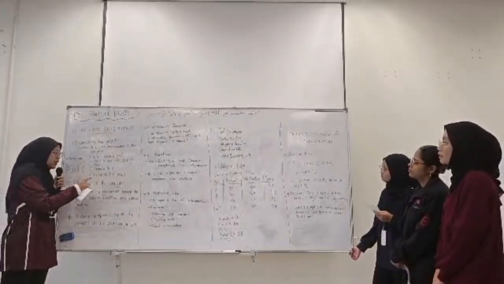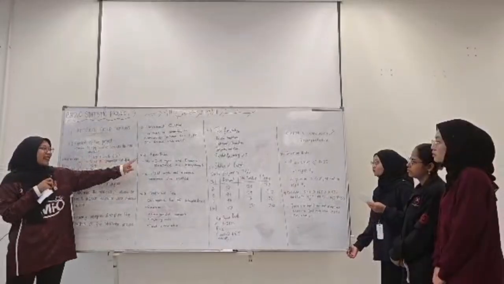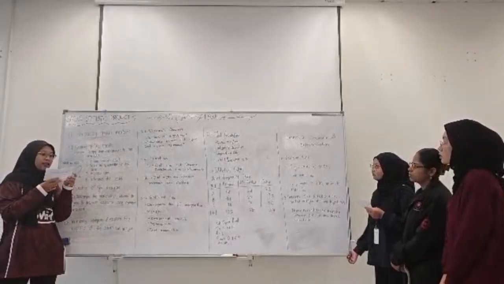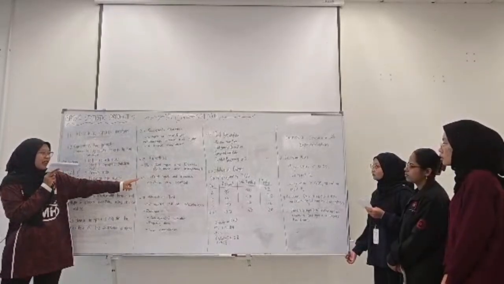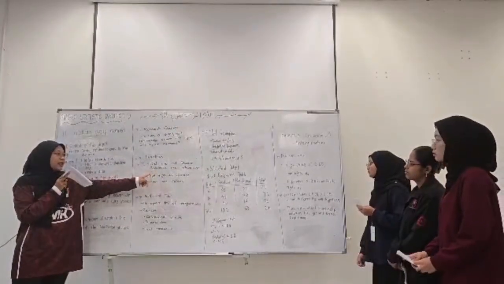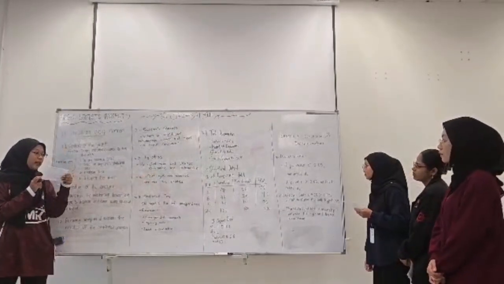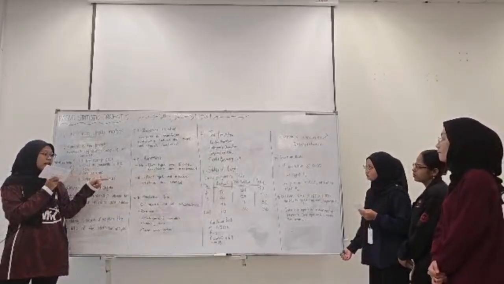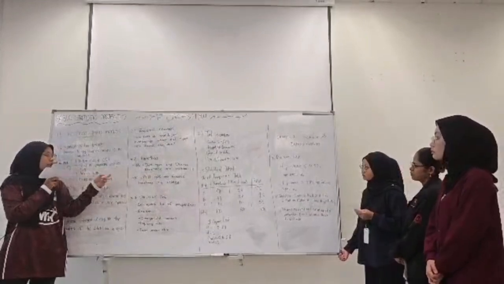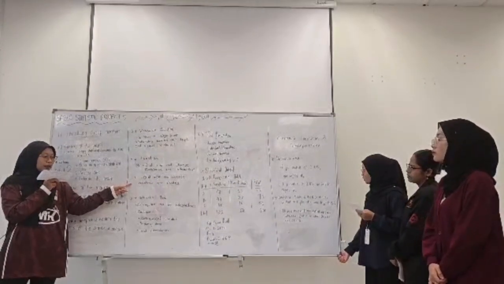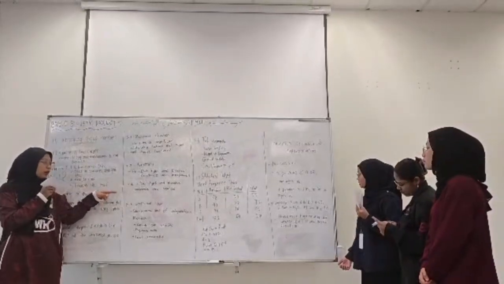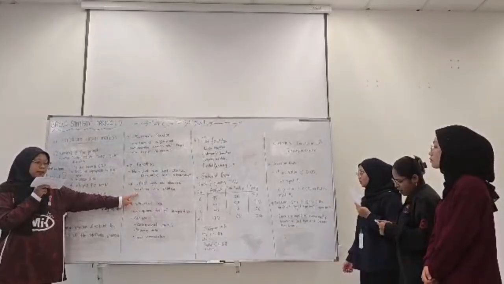The null hypothesis, H naught, states that there is no significant relationship between diet type and disease resistance. This means that disease resistance is independent of diet type. The alternative hypothesis H1 states that there is a significant relationship between diet type and disease resistance.